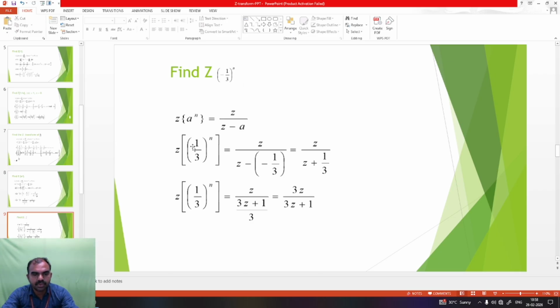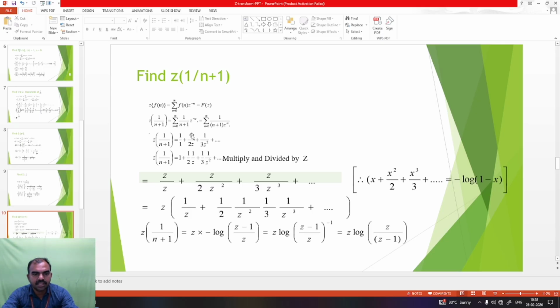So z of minus 1 by 3 power n is z by z minus of a value minus 1 by 3. So that minus and minus make plus, so z plus 1 by 3. So take the LCM 3. So multiply 3 here, so 3z plus 1 by 3. So take the reciprocal, 3 goes to the numerator. So 3z by 3z plus 1.